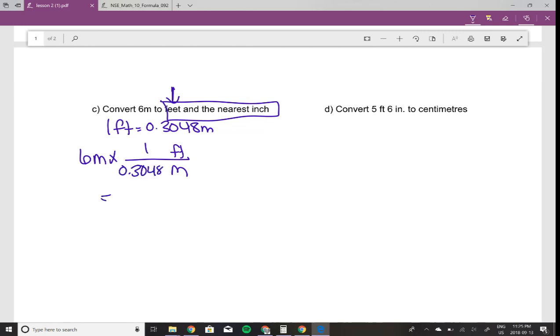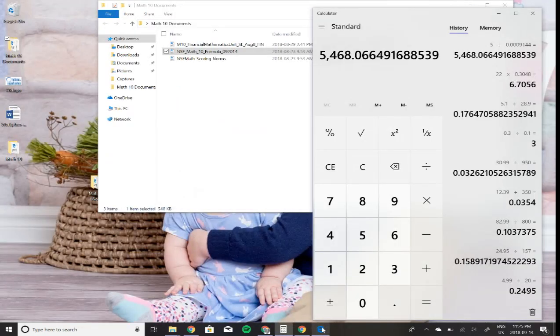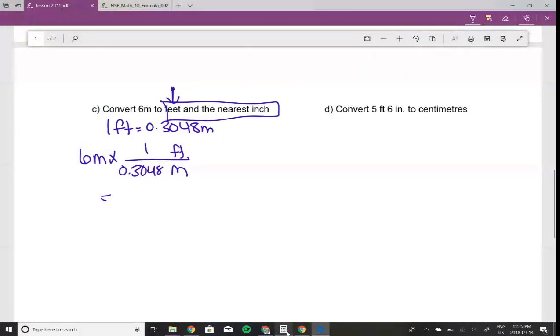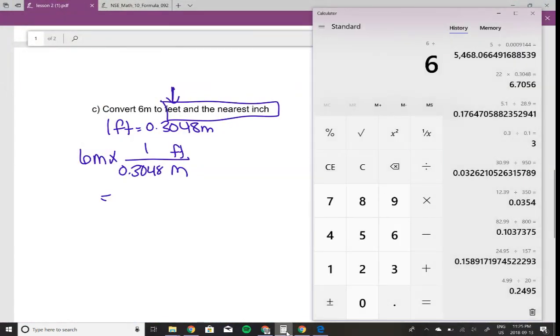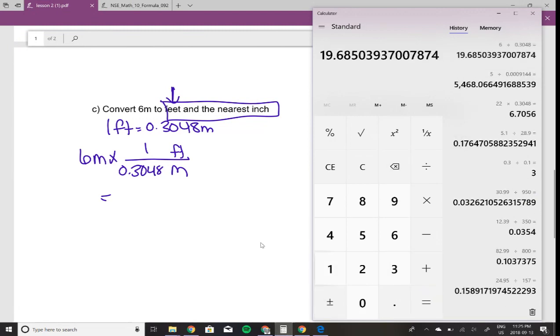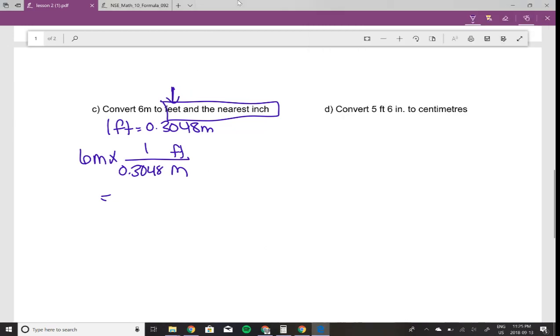And we get that 6 divided by 0.3048, and we get 19.685, 6850, and we can stop there. So I'm going to write that down for now. 19.6850 feet. But remember, we don't leave feet like that.